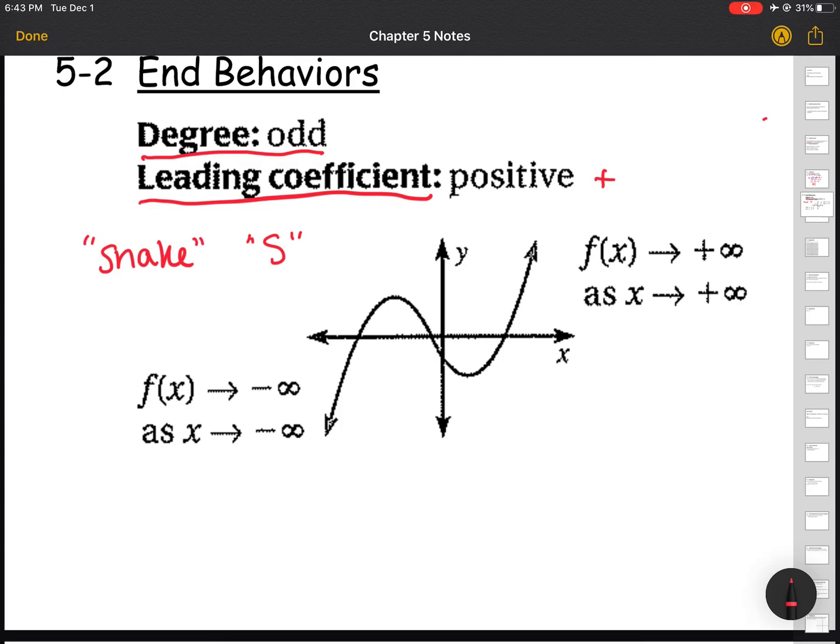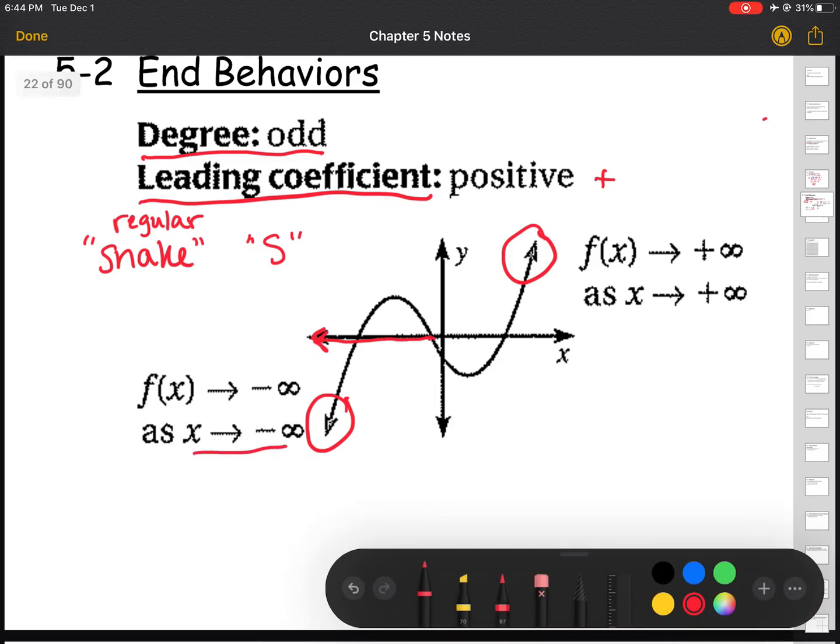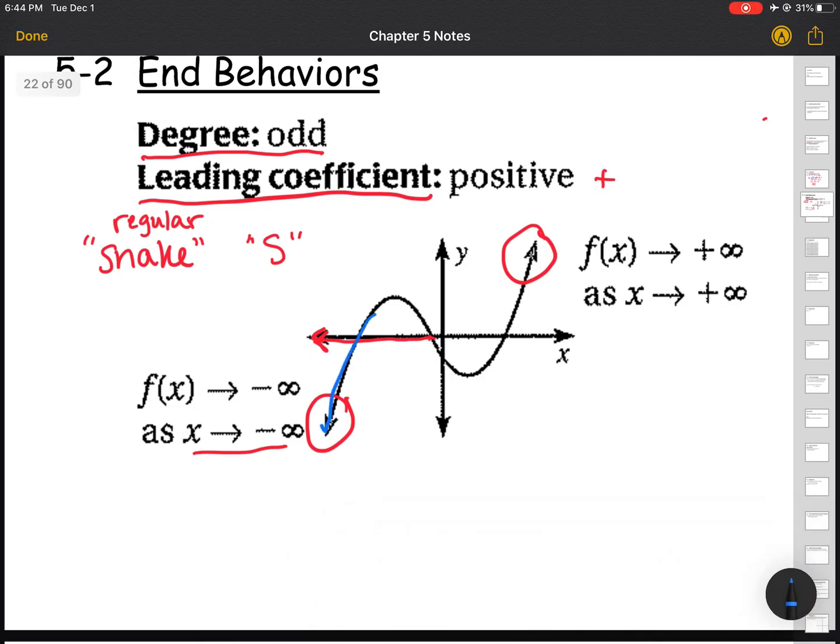And how I like to remember this, since it's a positive leading coefficient, is a regular snake-looking kind of graph, okay? And if I look at the ends, I'm going to look at here and here, right? My ends. So as x on my x-axis goes to negative infinity, that's what this means right here, my graph is going down forever and ever.